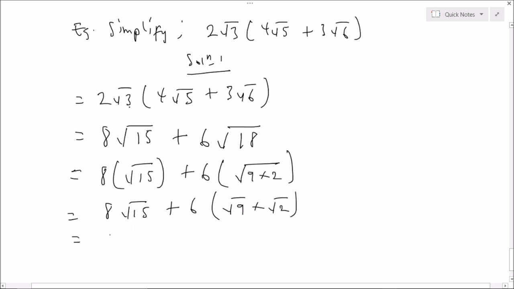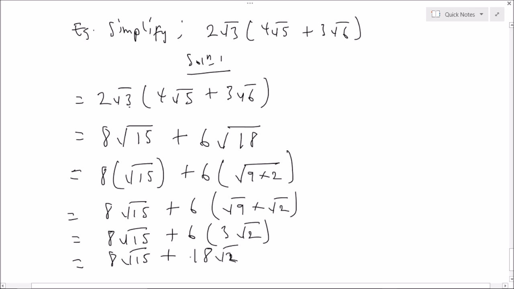We simplify further. This gives us 8 root 15 plus 6 bracket, root 9 is the same as 3, so you have 3 root 2. This gives us 8 root 15 plus 6 times 3, which is 18 root 2. So you have 8 root 15 plus 18 root 2.